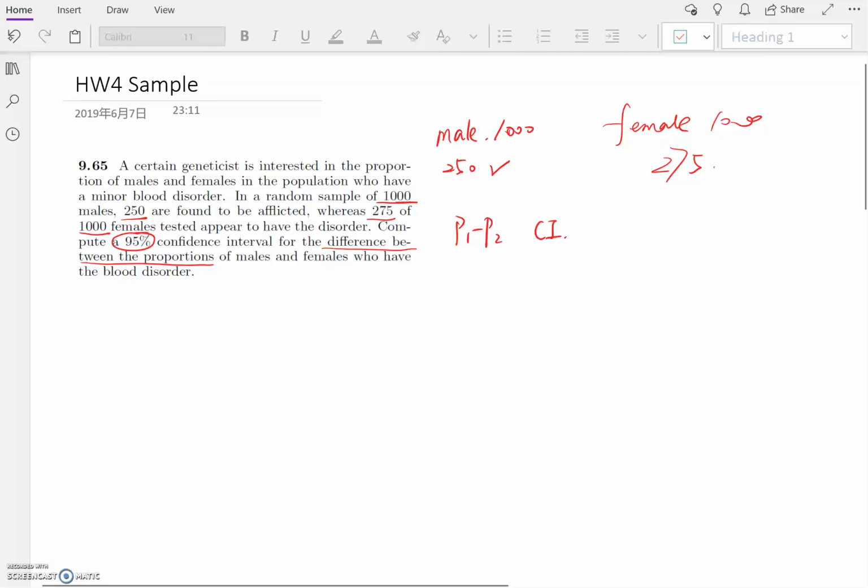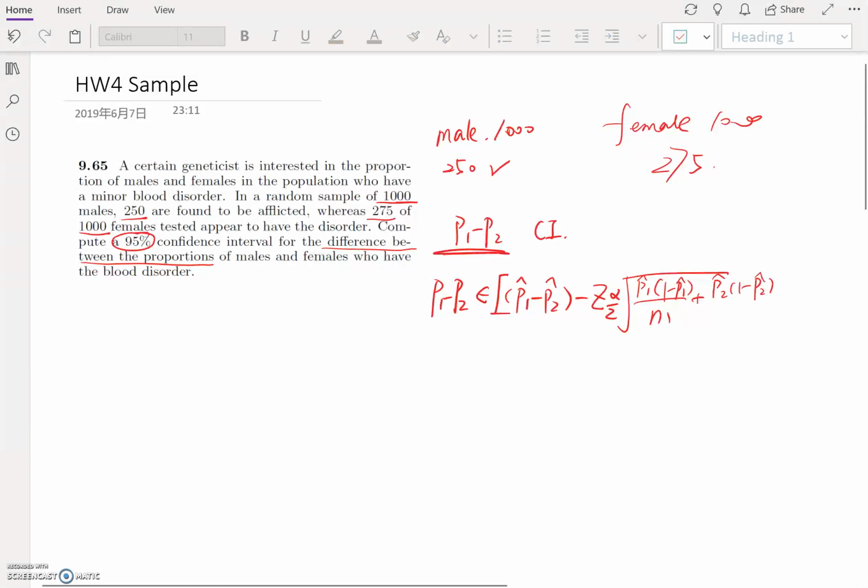the CI for this is P1 minus P2 between P1 hat minus P2 hat minus z alpha over 2 times the square root of P1 hat times 1 minus P1 hat, divided by N1, plus P2 hat times 1 minus P2 hat, divided by N2, and P1 hat minus P2 hat plus z alpha over 2 times the same square root.